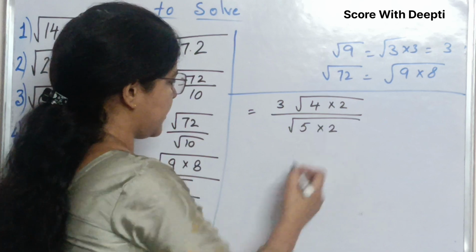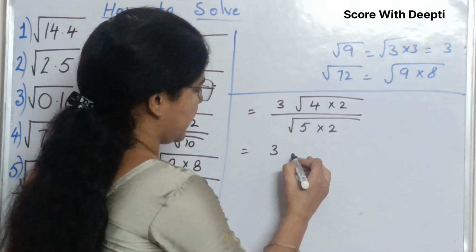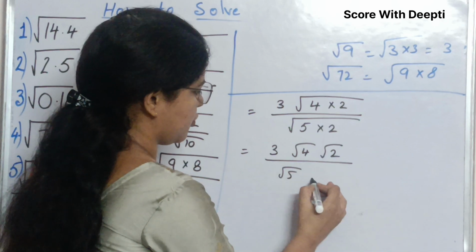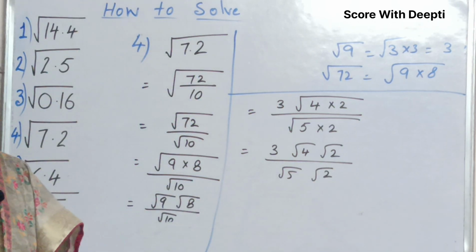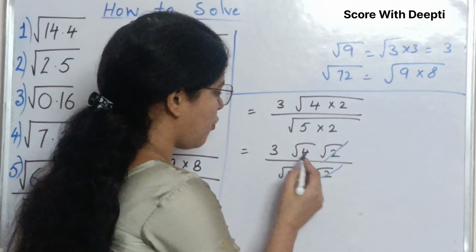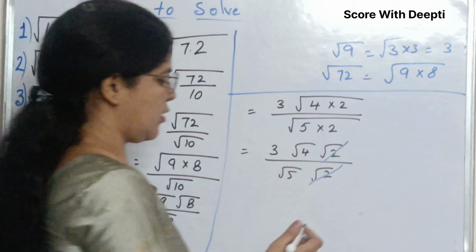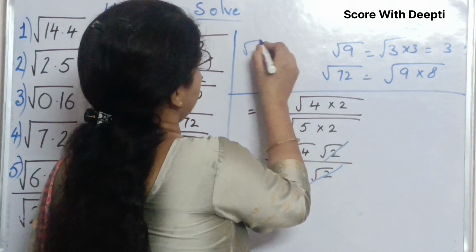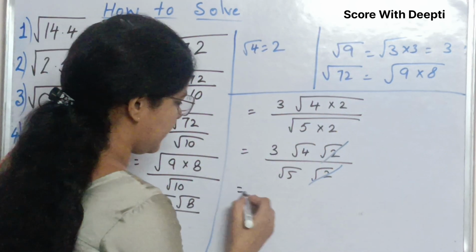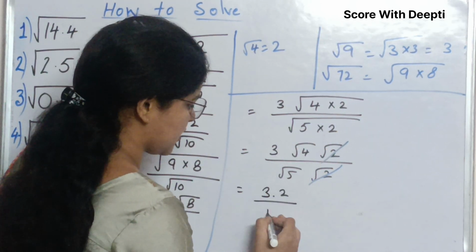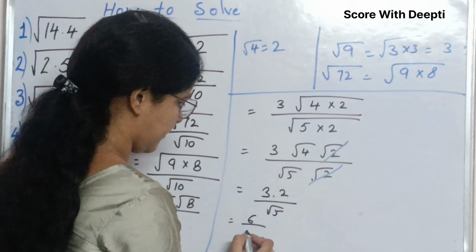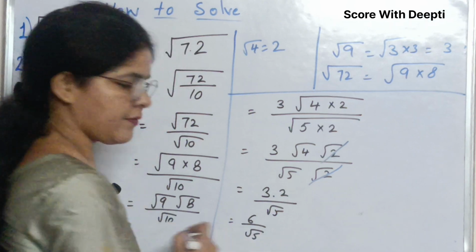Next, separate these and get 3 into square root 4 into square root 2 over square root 5 into square root 2. Next, this one cancels out, and square root 4 is equal to 2. So here we write 3 into 2 over square root 5. This is equal to 6 over square root 5.